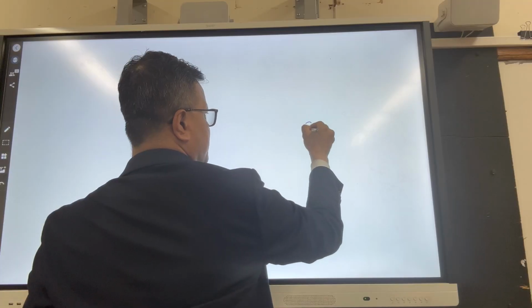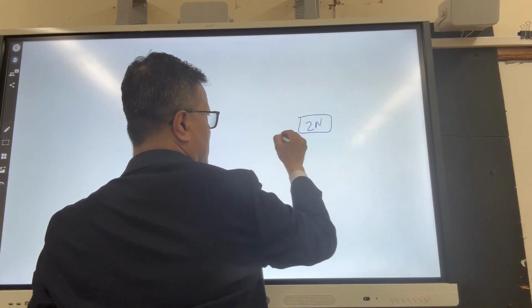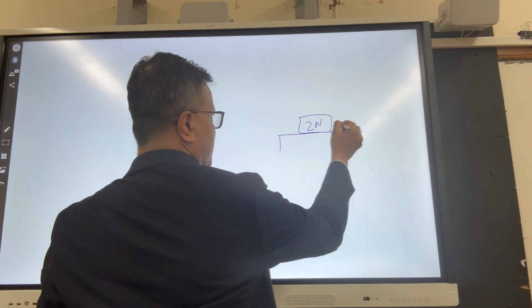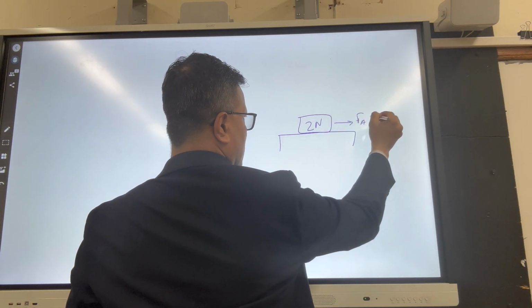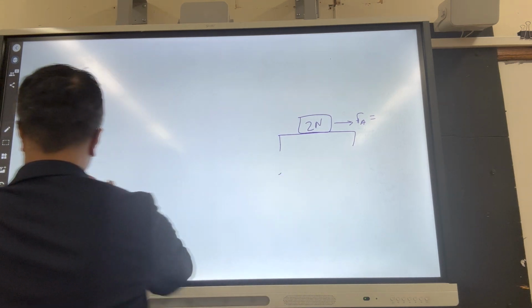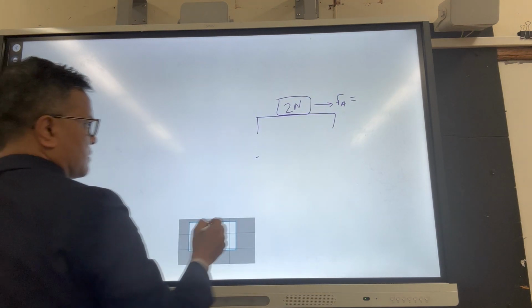Pretty easy. Something is sitting on a table, you want to move it. To move it, you apply force. And so I gave you a graph. This is how the graph looks like.